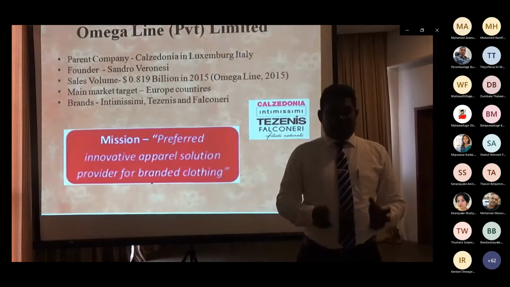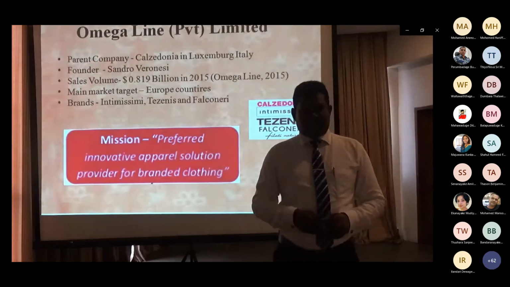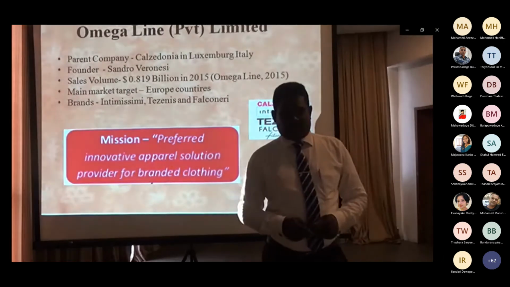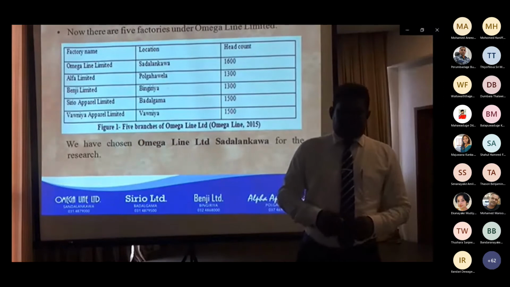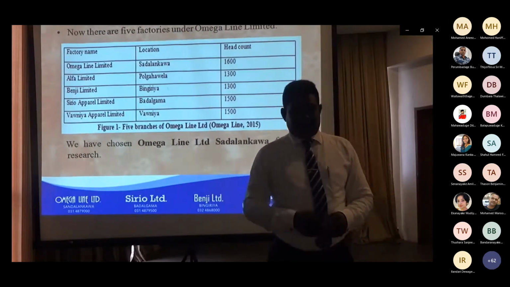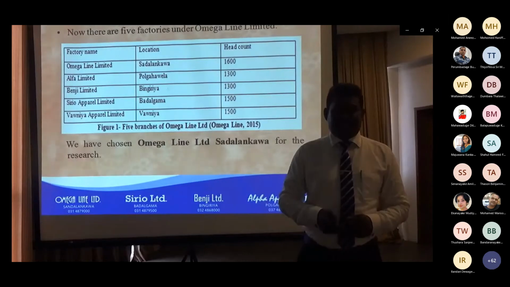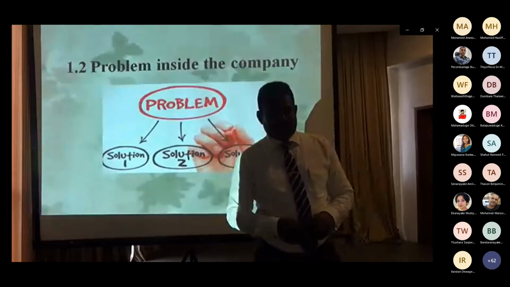They sell brands in three main categories: Intimissimi, Tezenis, and Falconeri. There are 5 factories in Sri Lanka, consisting of 7,200 staff. We chose the Omega Line Private Limited Sandalanka branch, which has the highest number of staff out of the 5 branches.